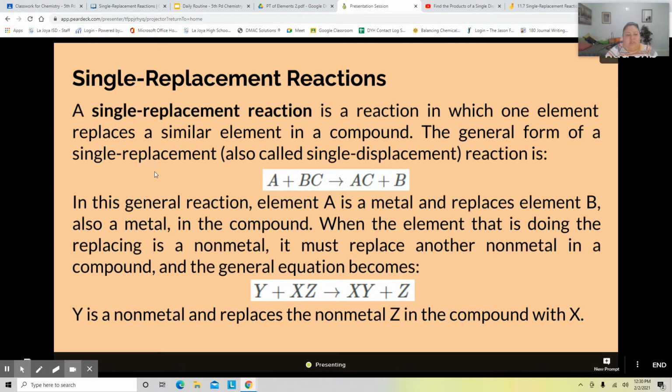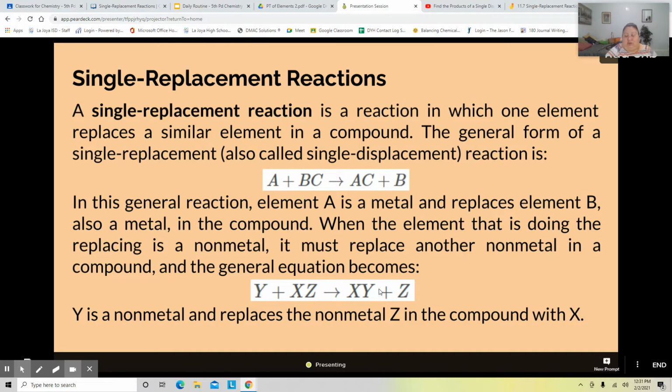The general form of a single replacement, also known as a single displacement reaction, is here. And you have element A. Remember, element A can be any metal, and it can replace element B, another metal, right? And you can see that B is now by himself and A has attached to that C. In this general reaction, element A is a metal and replaces element B, also a metal. In the compound, when the element that is doing the replacing is a non-metal, it must replace another non-metal.